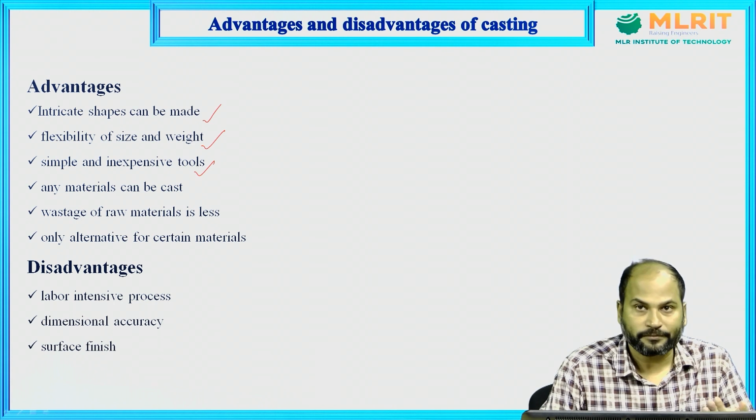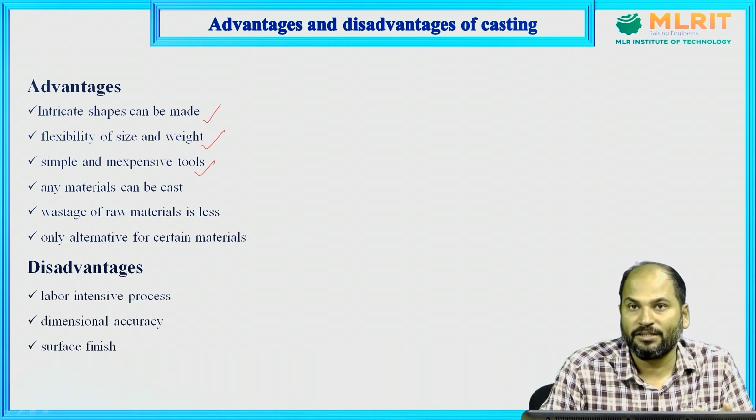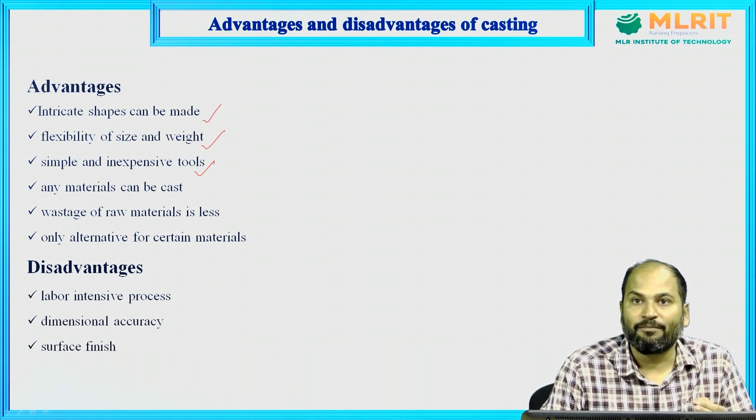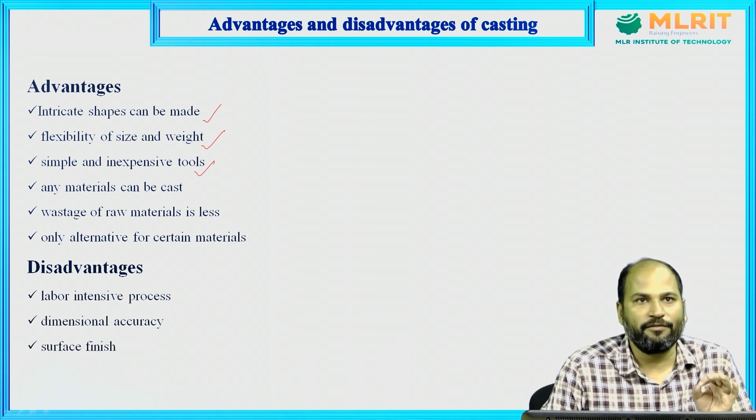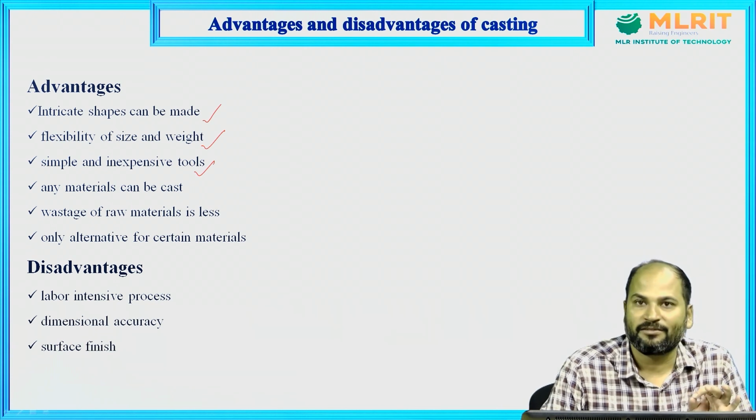But the beauty of this process is that here we just have to melt the material, taking its temperature up to its melting temperature. Once it is in the molten phase, we just have to pour it inside the mold cavity where it will be solidified. That is the reason it is extensively used, because all the materials can easily be cast without any problem.